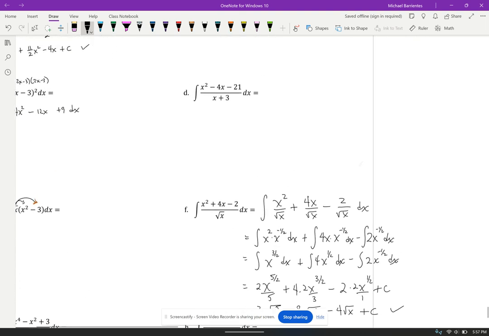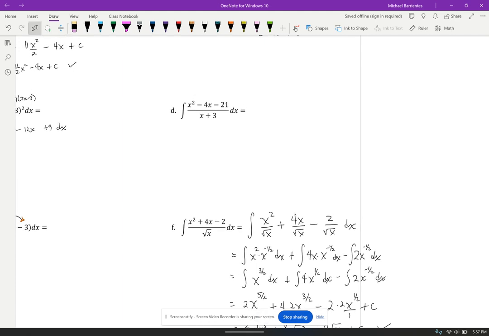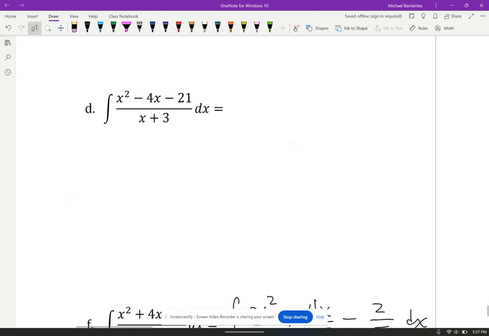When I come back to letter D, this is a little bit harder because I don't have one term. So I can't, and I'm going to say this again, when I have more than one term that I'm dividing by, in my divisor, this is the divisor, I cannot separate them into pieces. So what I have to do is actually divide this out.